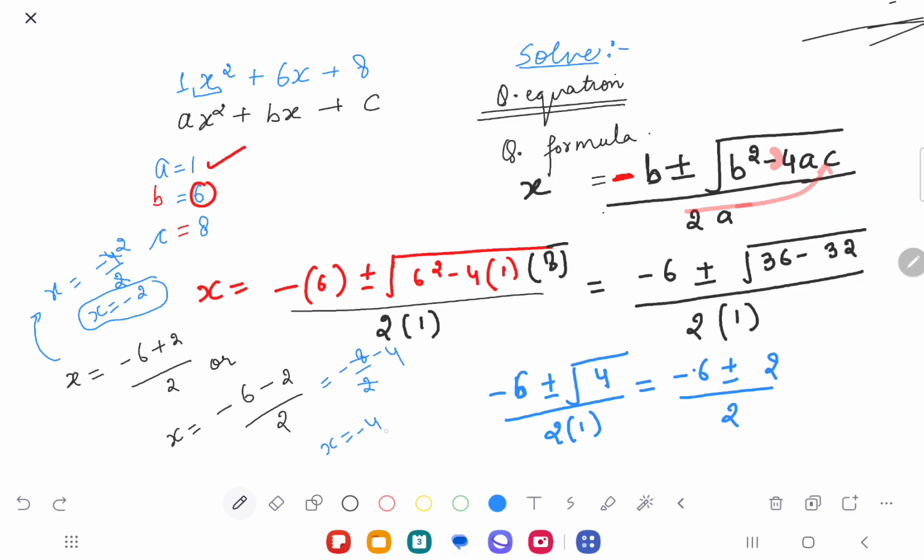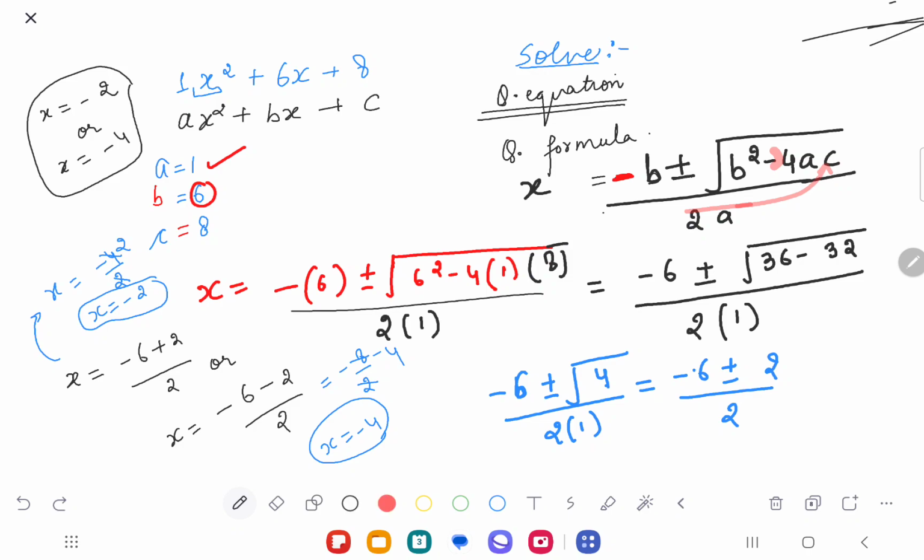So x would be equal to minus 4 and x would be equal to minus 2. Understood or not? So x would be equal to minus 2 or x would be equal to minus 4. Understood or not?